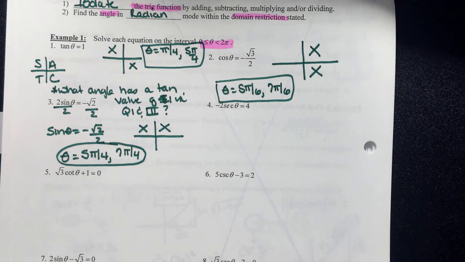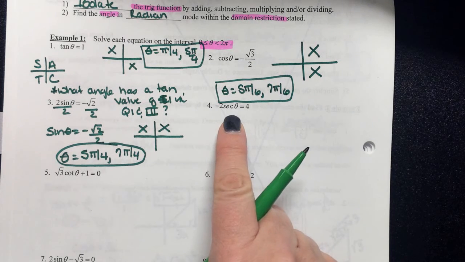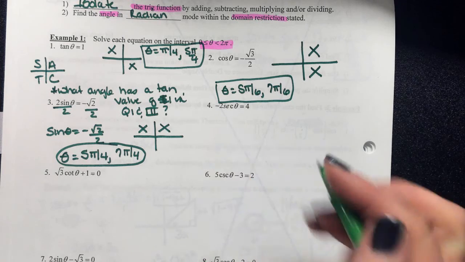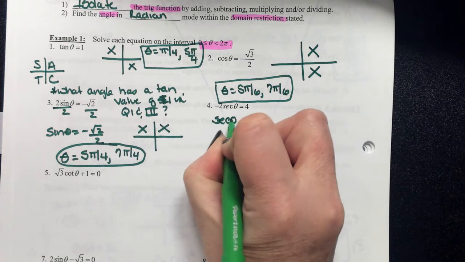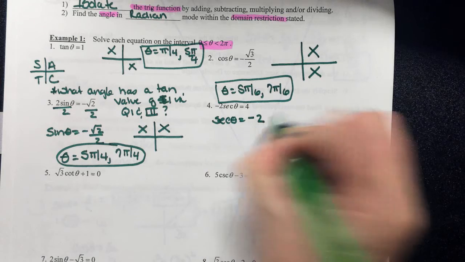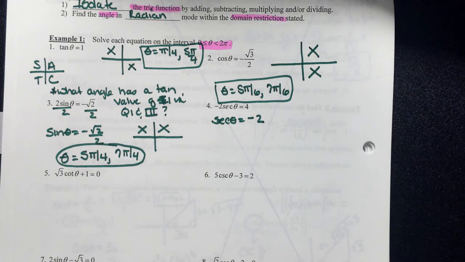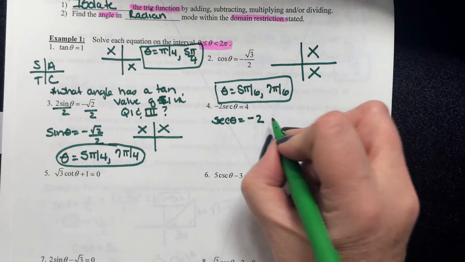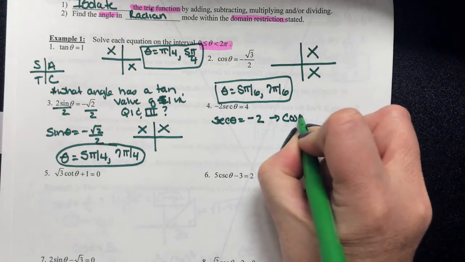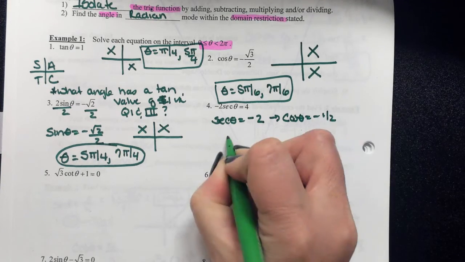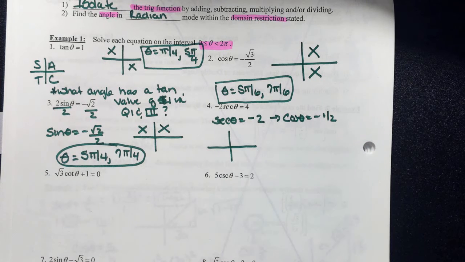So now let's take a look at number 4. I have to get secant by itself, so what am I going to do to both sides? Divide by negative 2. So 4 divided by negative 2 is negative 2. Secant's the reciprocal of what function? Secant's the reciprocal of the cosine. So cosine theta is equal to negative 1/2, if that helps you figure out what the angles are going to be.